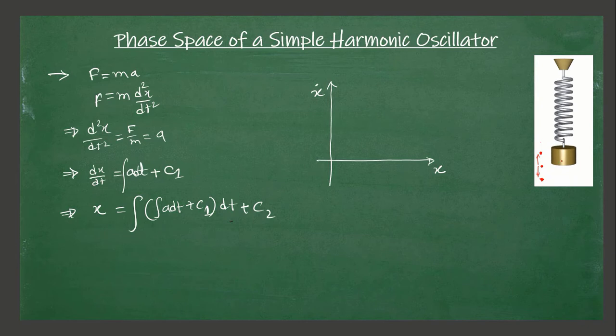So you can say that when this oscillator reaches this point, it stops for a moment, right? So the velocity is 0 here. So at maximum distance here, the velocity is 0, right? So if this direction is positive, we can find that point here maybe, okay? And for that, the velocity is 0. So the phase space point corresponding to this state of the oscillator should be located here, right?